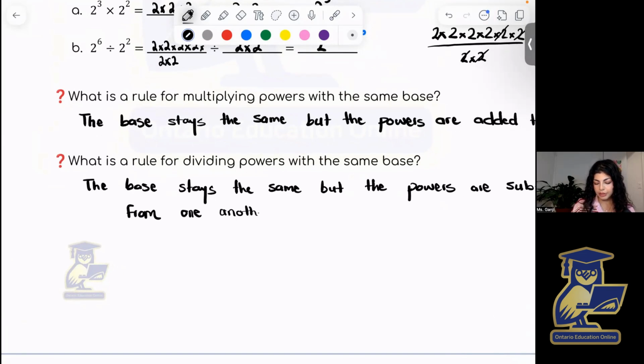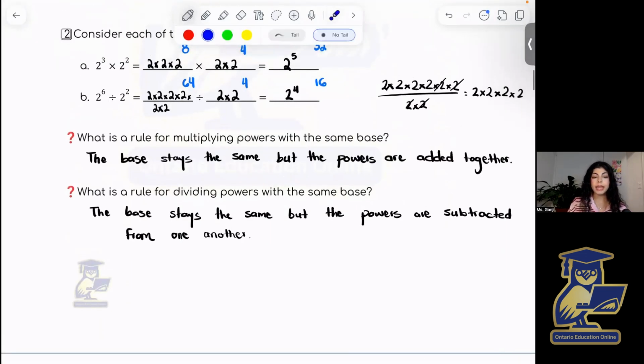And I do have the definitions for these in the next page, so I'm not going to write the actual formula for it here. But with division, we know that you can't just switch the order in division, so it has to be in that same order. So here we saw 6 minus 2 gave us 4. And as we can see, the bases all stayed the same. It's just that powers were now subtracted from each other. And we showed that with the fraction form as well.